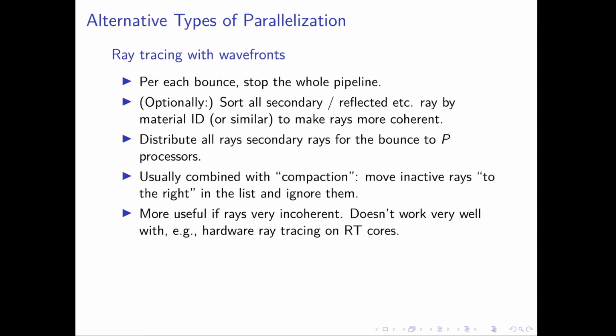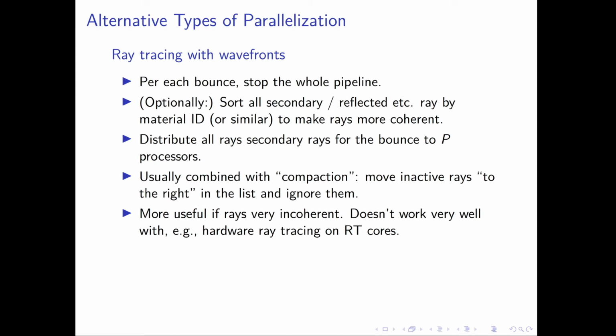And due to the compaction scheme, this is less likely, because when we have those 5 pixels left, we can make sure that we still devote all the parallelism that we have to those 5 pixels, or maybe 5 tiles, depending on what the granularity of our parallelization actually is.